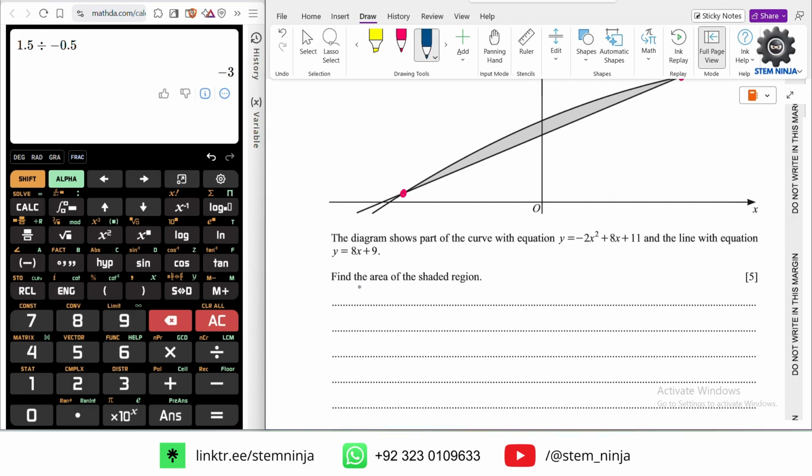Okay, so either way that would be fine. 8x plus 11 equals 8x plus 9, or you can try doing minus 2 x minus 2 whole squared plus 19 equals 8x plus 9. This way would be a little bit straightforward. Over here you will have to expand the square anyway.